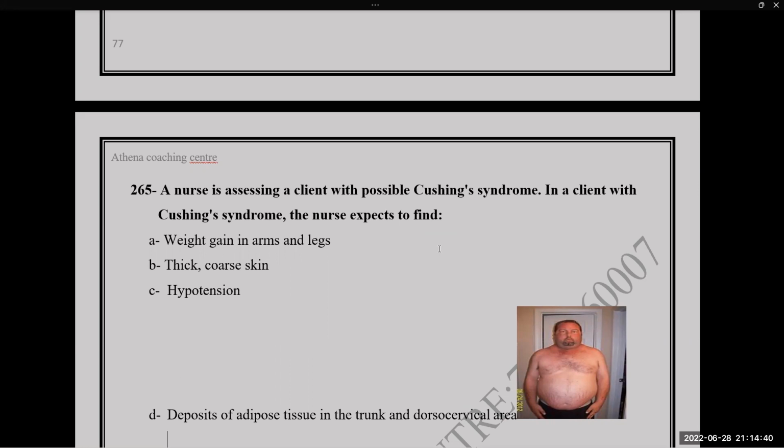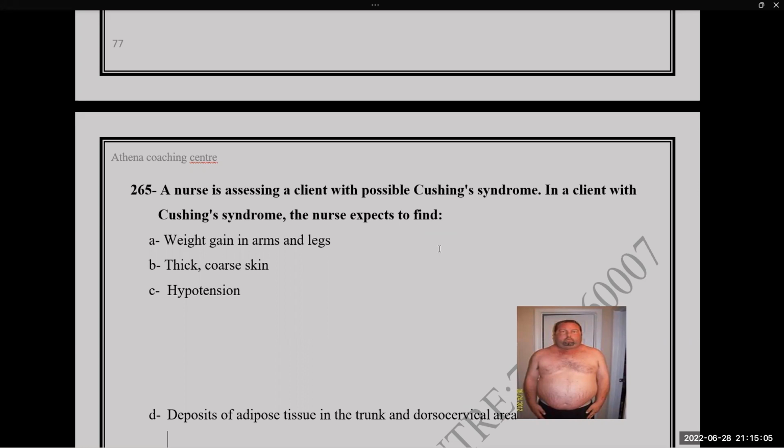There are stretch marks, striae over the abdomen. And there is bruising of skin, or skin damage, like the skin easily gets damaged, so there are chances to get bruising. Fine.